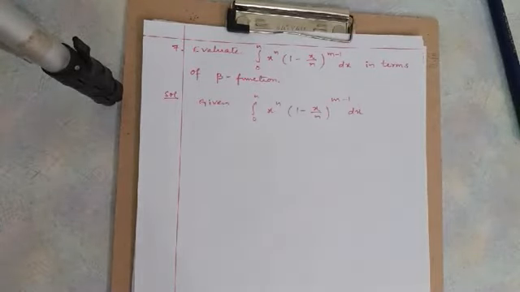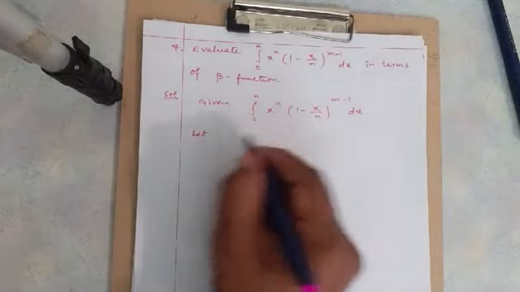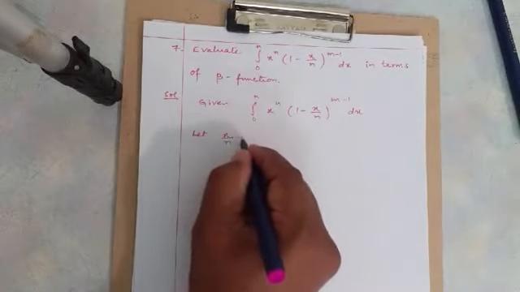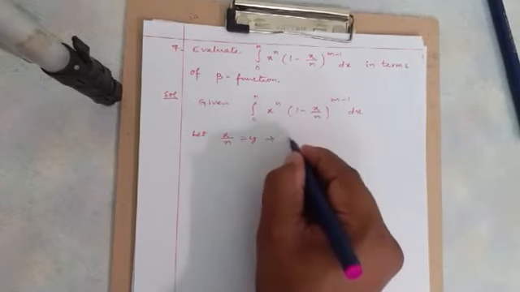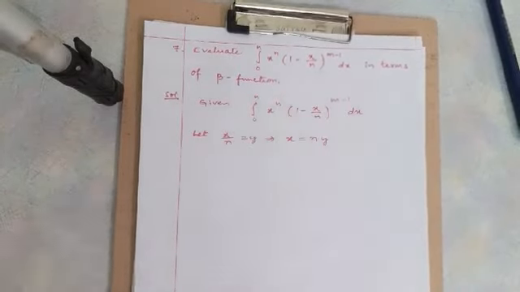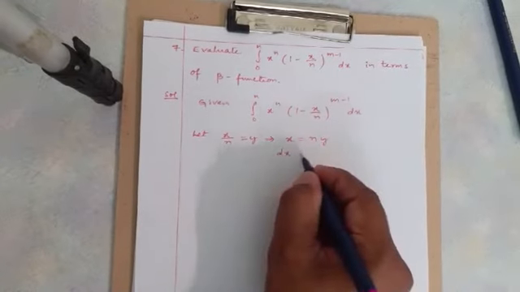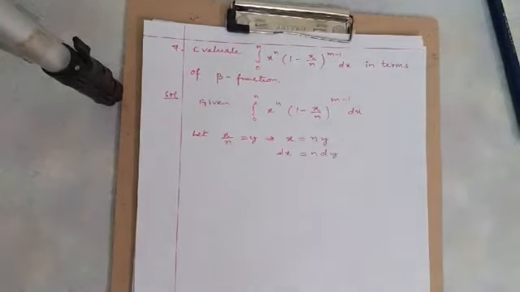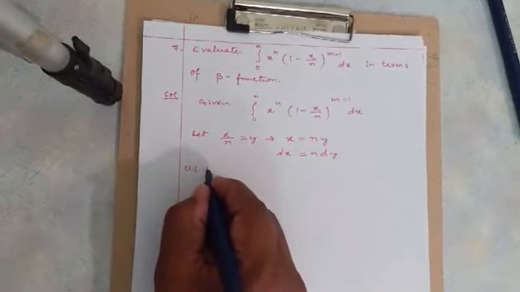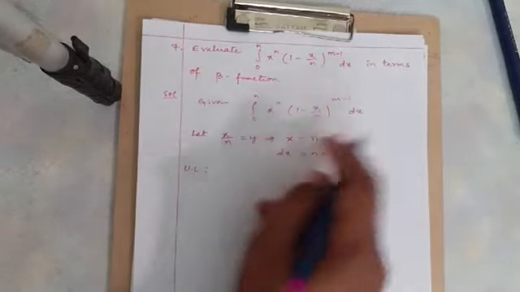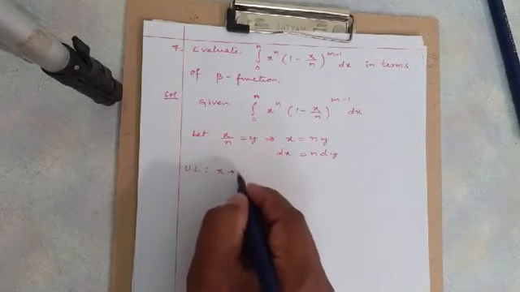After writing that, we take the substitution as we have done in the previous classes. Here we take the substitution: let x by n equal to y. This implies x is equal to ny, taking this n to the other side. When you differentiate both sides, this becomes dx is equal to n dy. Then we take the upper limit. The upper limit is n, so these are x limits: x tends to n.